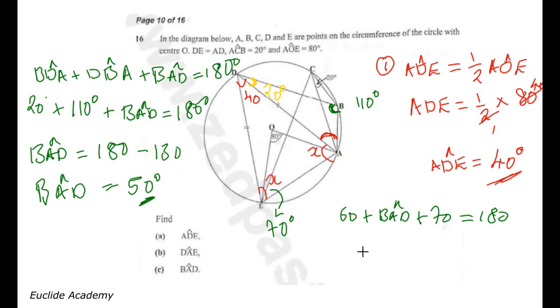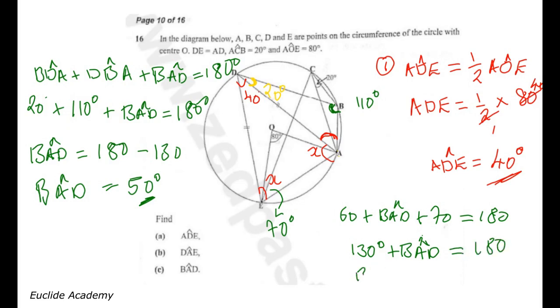So it should be 60 plus 70, that will give us 130 degrees plus BAD, and then this should give us 180.